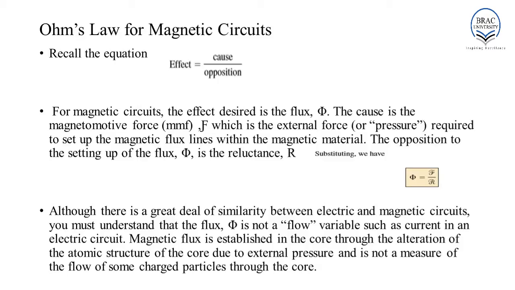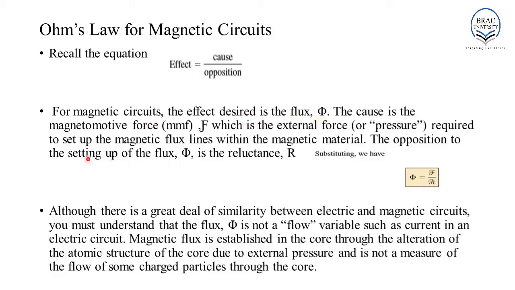Ohm's law for magnetic circuits. Recall the equation effect equals cause by opposition, that is I equals V by R for electrical circuits. For magnetic circuits, the effect desired is the flux phi.